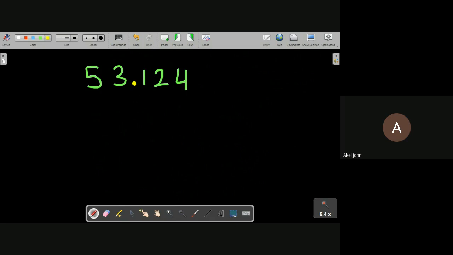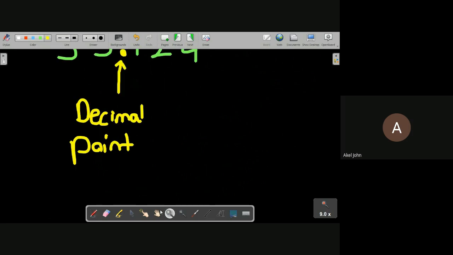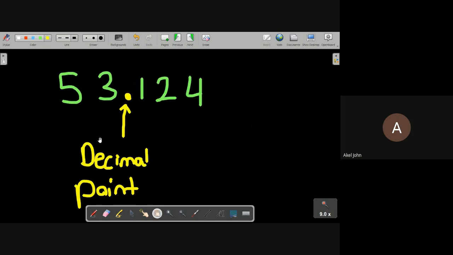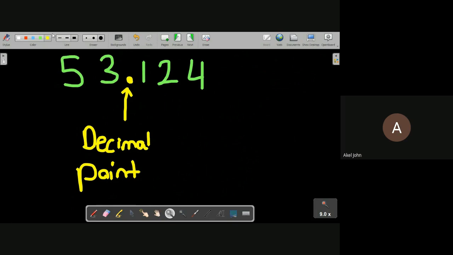I want you to notice that this point is called a decimal point. Now, the decimal point tells us that any number to the right of that decimal point is called a decimal place.